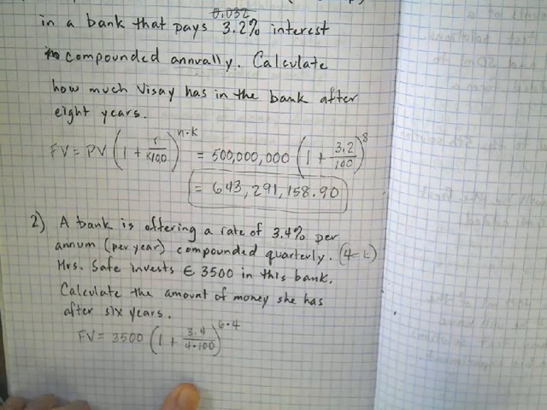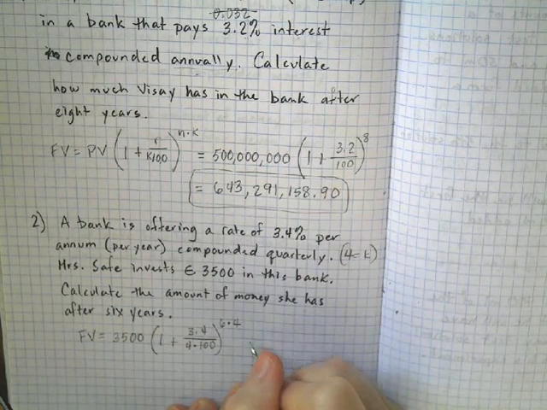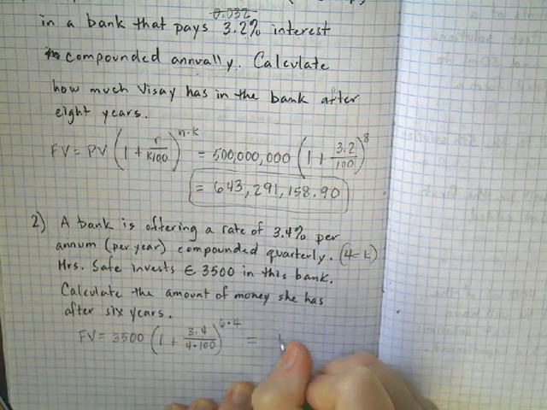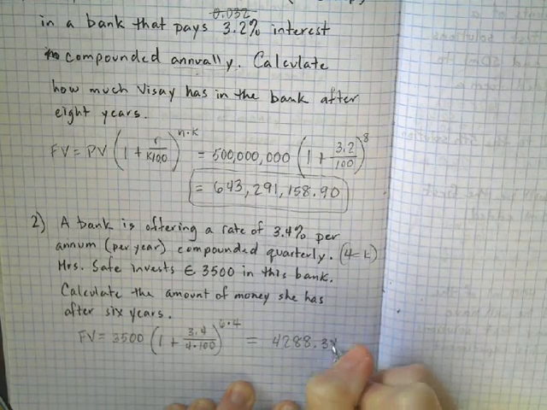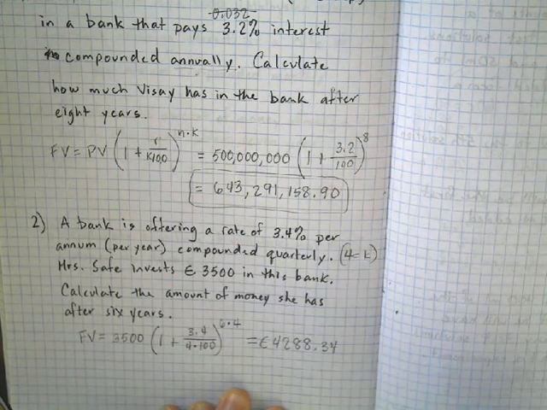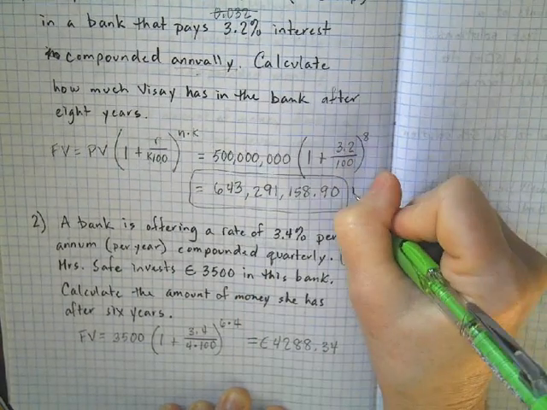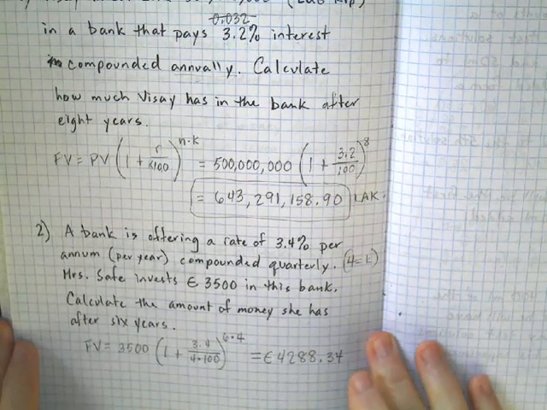So there it is, there's our setup. And if we put it into our handy-dandy calculator, that equals 4,288 and, oh, not dollars, euros, and 34 cents. Okay, so that would be euros. And this would be LAK. All right, so that was last week's warm-up.